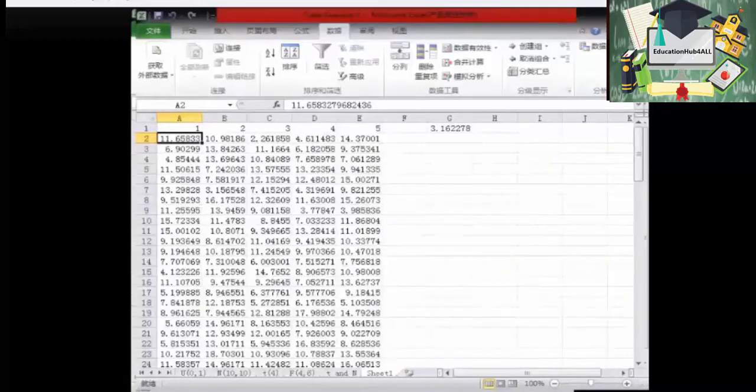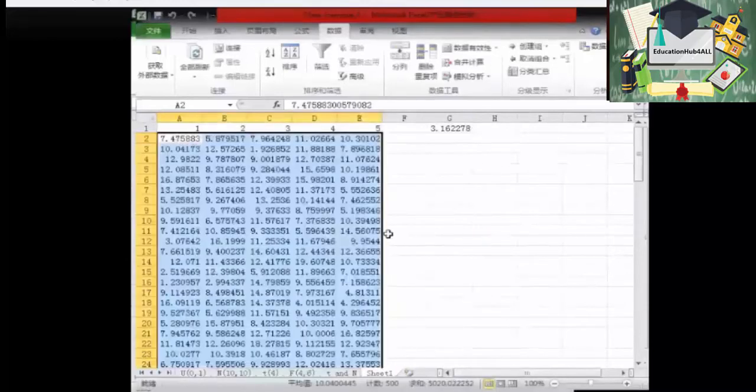Here you click this button, and because we have a lot of data points, we want some space, so I just select the first one and click OK. Now you have the data.